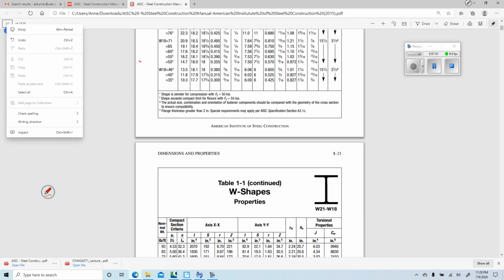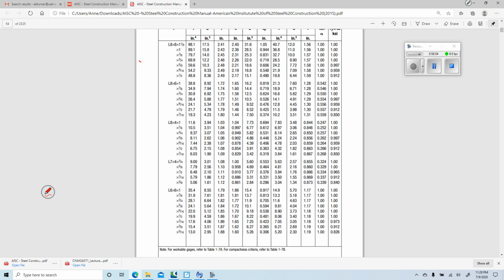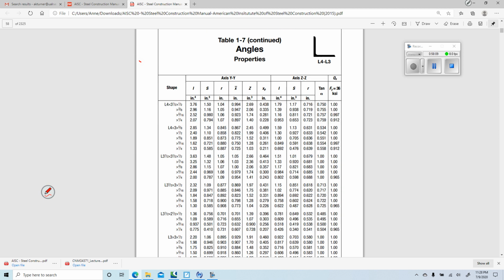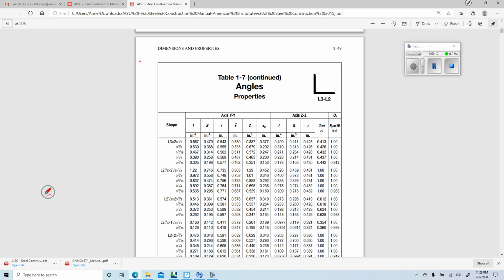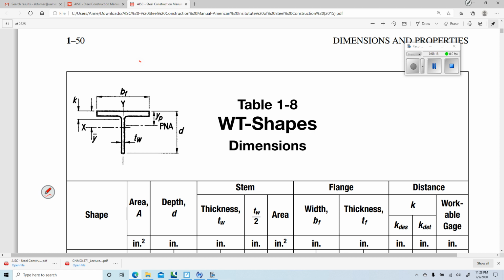Let's see. Where is a T section? It's actually, right, see, here to here, that's what I'm looking for, right?